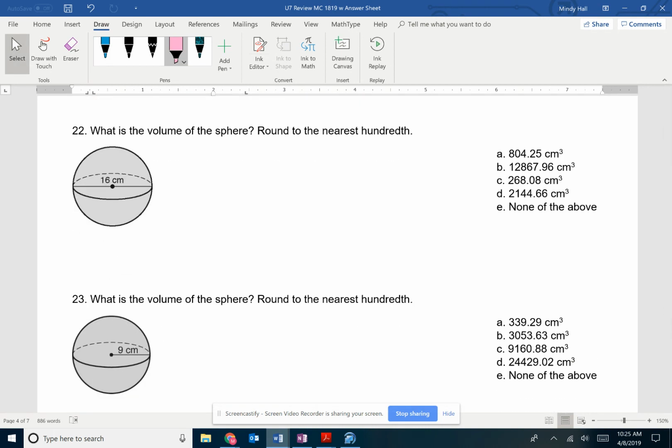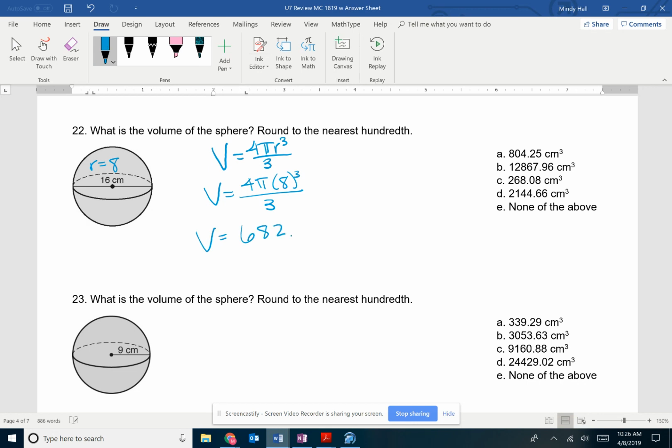For 22, finding the volume of the sphere, we're going to have volume equals 4 times pi times r cubed divided by 3. So because 16 is my diameter, I know my radius is 8. So volume equals 4 pi 8 cubed divided by 3. 8 cubed times 4 divided by 3 is 682.6 repeating pi.